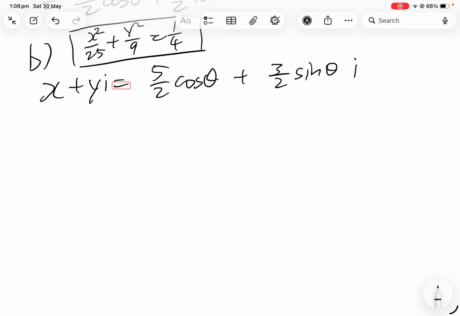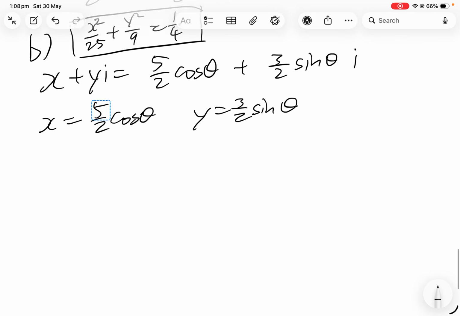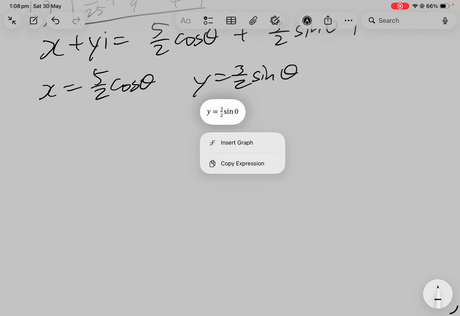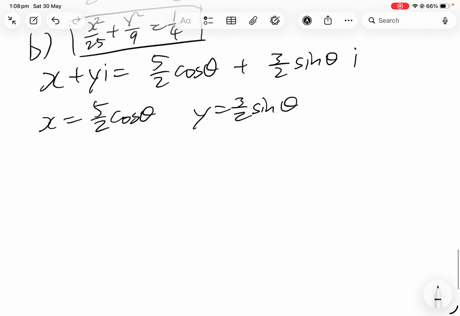Then, ellipse with the equation. We do want to separate them, because we can't make any equations with this, we have to use the equation cos squared plus sin squared equals 1. So we'll first write x equals 5 over 2 cos theta, y equals 3 over 2 sin theta, getting rid of the imaginary part, as we don't really need that.